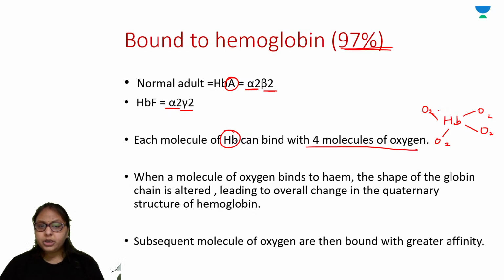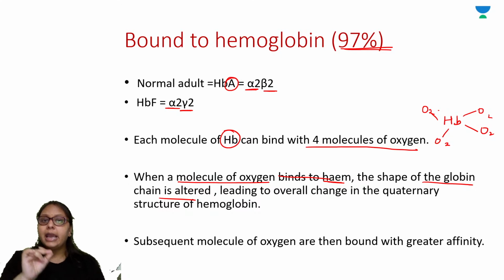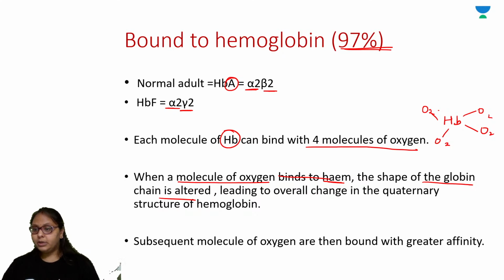Okay, so one molecule of hemoglobin binds 4 molecules of oxygen. Now what happens is, when the first molecule of oxygen binds to the hemoglobin, the shape of the globin is altered. Whenever one oxygen attaches to the heme component, its shape is altered, and the other 3 oxygen molecules are easily bound to the hemoglobin.